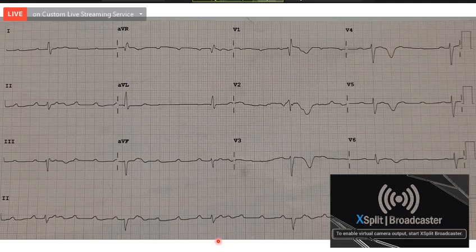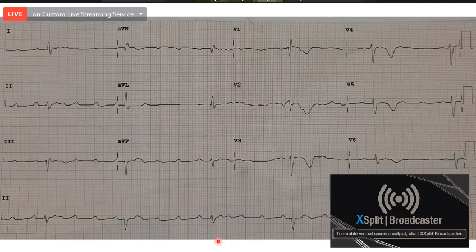Whenever you see that the morphology of the QRS complex is changing in the limb leads but not in the chest leads, you should think of the possibility of a hemiblock. And here it is going on changing. So you can think of the possibility of alternating left anterior hemiblock and left posterior hemiblock.